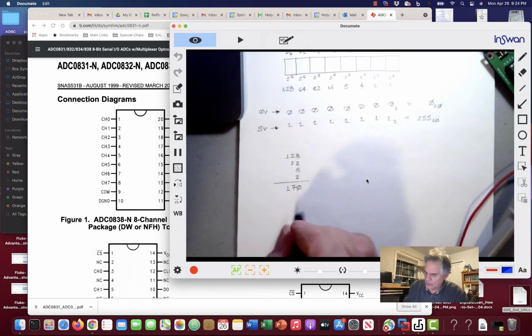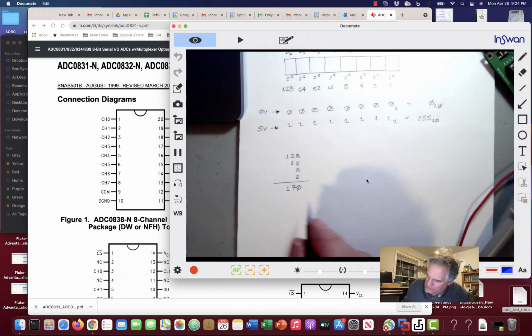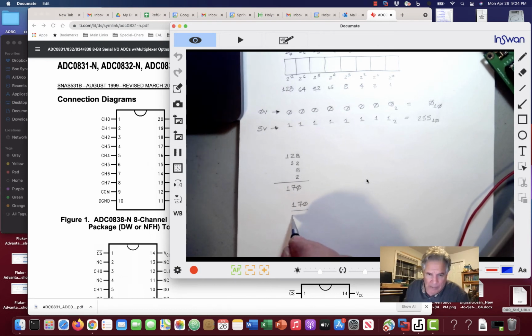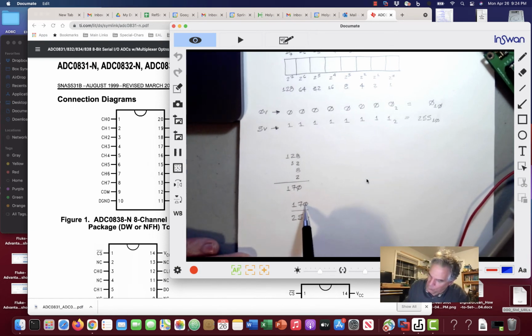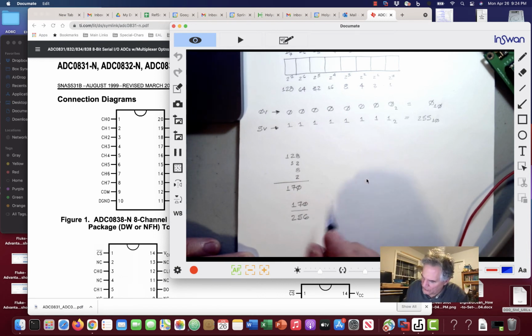Okay? So now let's make a proportion. We got 170 is, and you'd think I'd use 255, but the right thing to do here, since we go from 0 to 255, is to use 256. So 170 is to 256 as some voltage V is to 5 volts, right?